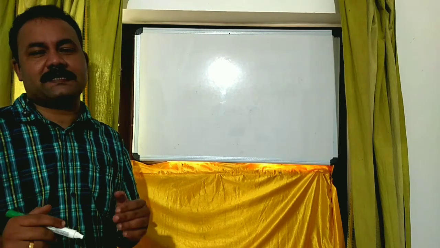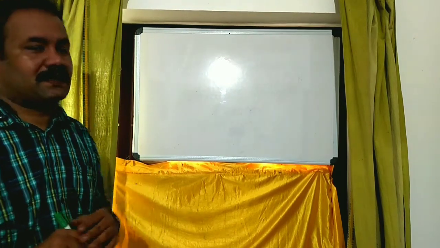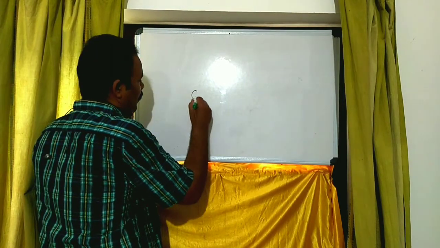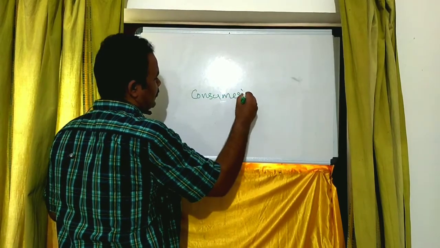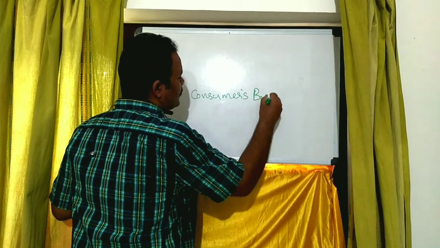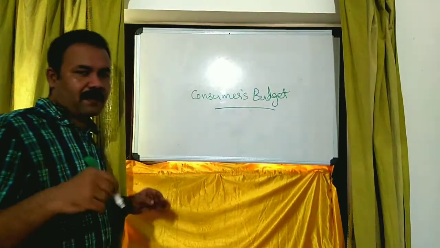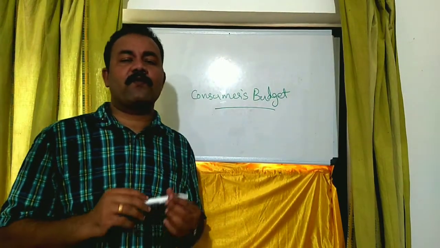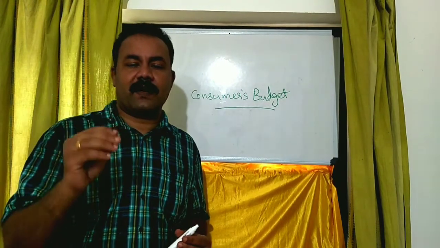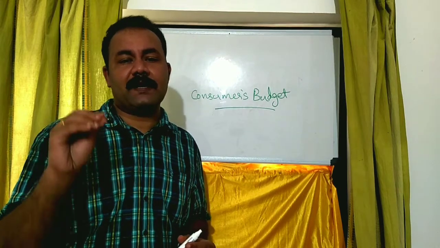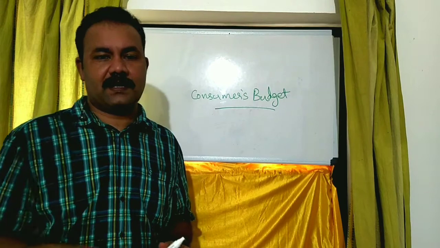We want to discuss the topic consumer's budget. Then we want to know what is consumer's budget. Consumer's budget is the income or amount of money available to the consumer for spending on goods as she wishes.